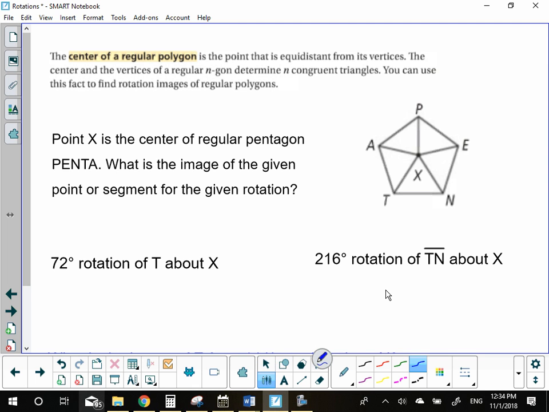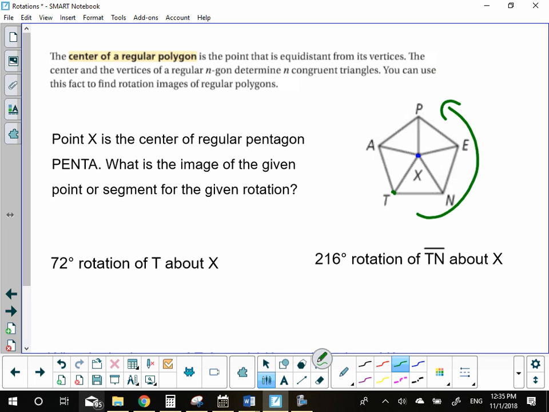And if we have a center point of X, and we want to choose a point, say T, where T is here, we want to rotate that 72 degrees. How far are we moving it? We want to go 72 degrees around the center.